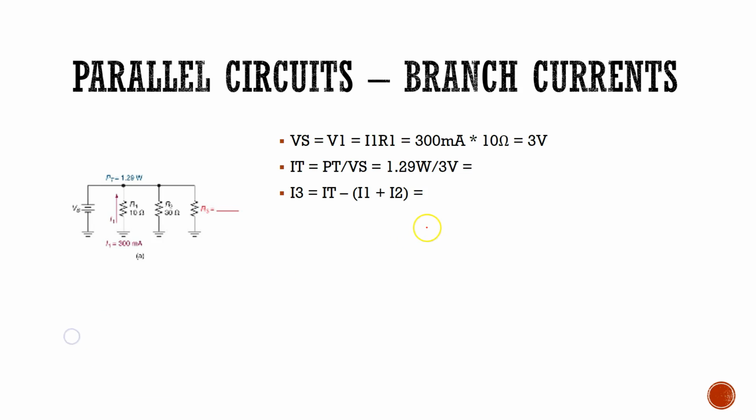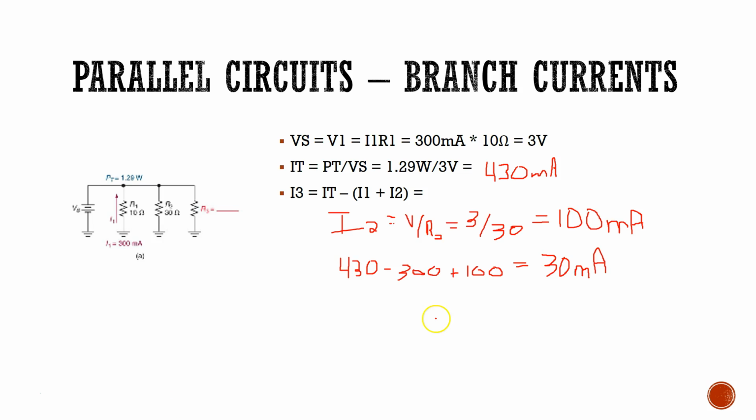430 milliamps. And then to find I3, we would take the total minus I1 and I2. I1 is 300 milliamps. We have to solve for I2. Okay, so we solve for I2 with V over R2, 3 volts over 30 ohms, which gives us 100 milliamps.